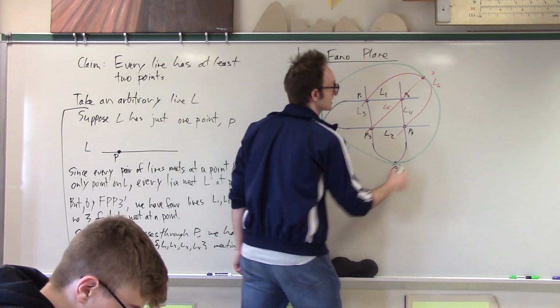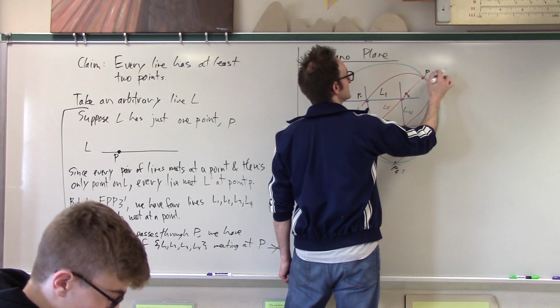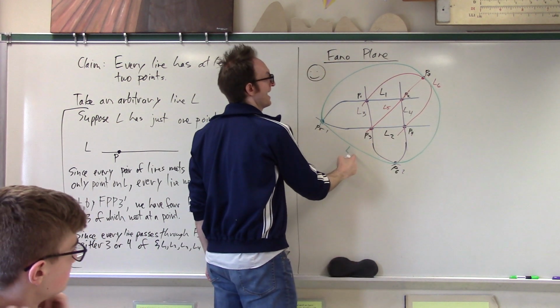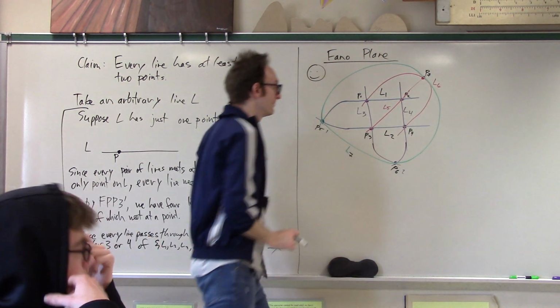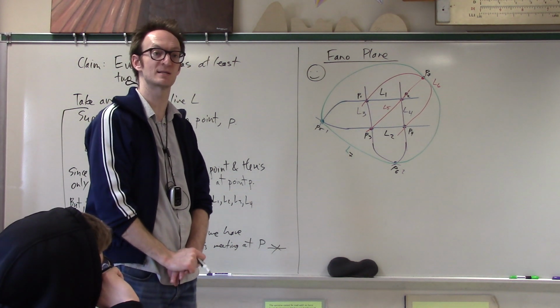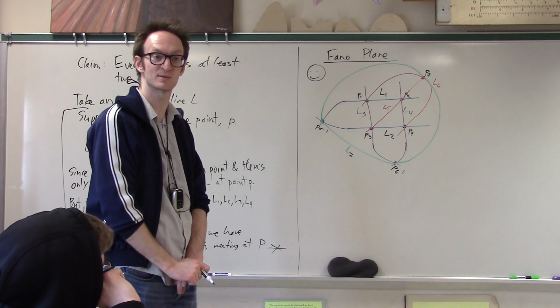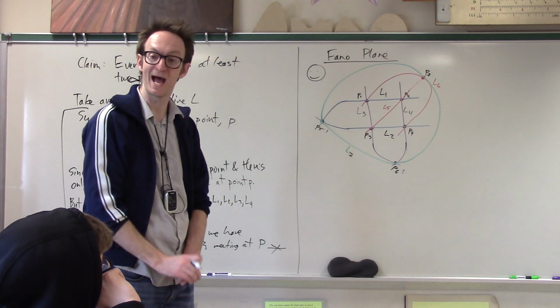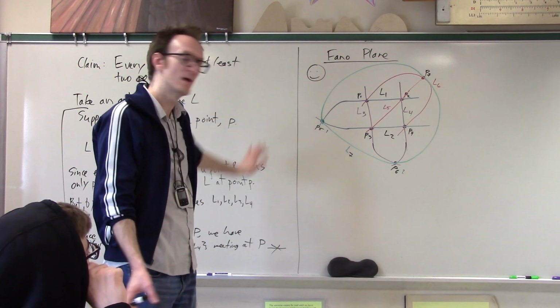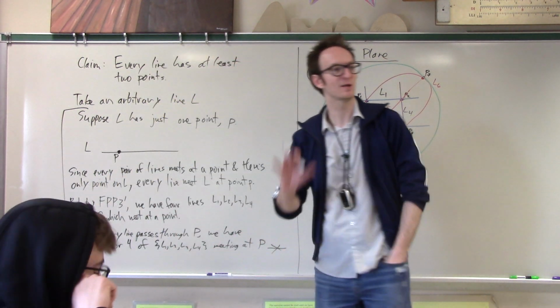Let's call this point P7. And let's just call this line L7. Maybe that's actually better because we see that we have precisely 7 points and precisely 7 lines, which emphasizes the duality. The picture is good for us because we're human beings, but the picture is not really what's going on.